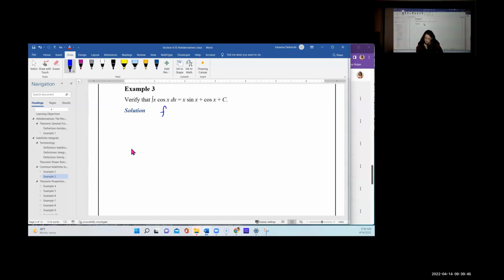So we need to identify the different parts that we have going on here. So our lowercase f of x is the integrand x cosine of x, and our antiderivative function up to the constant is what we get coming out of the integral, x sine of x plus cosine of x. So we want to prove that the derivative with respect to x of uppercase F of x does equal lowercase f of x.